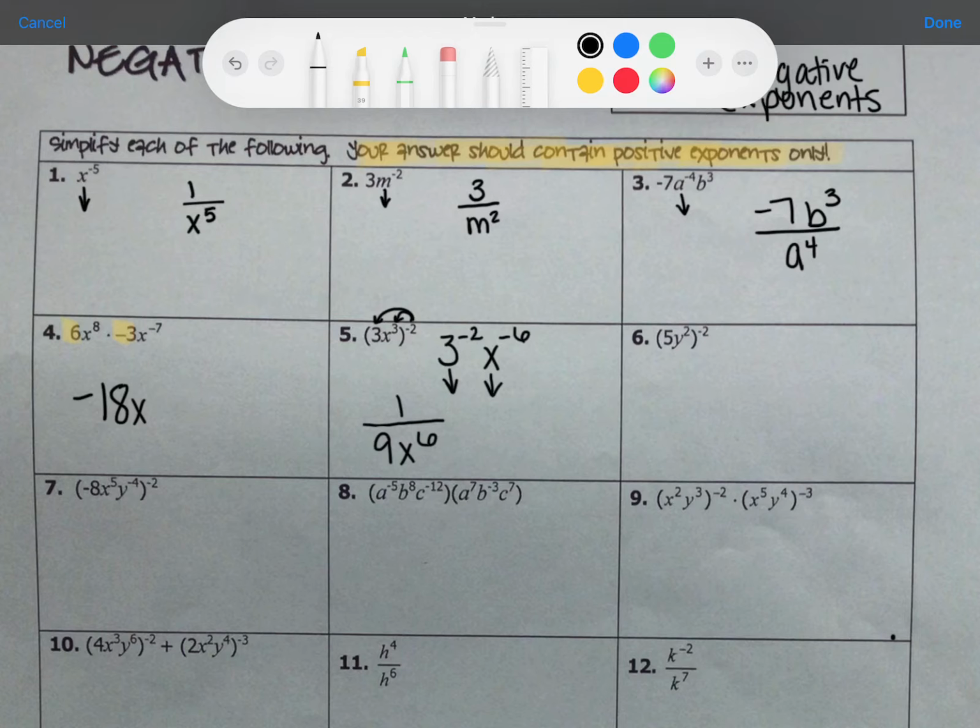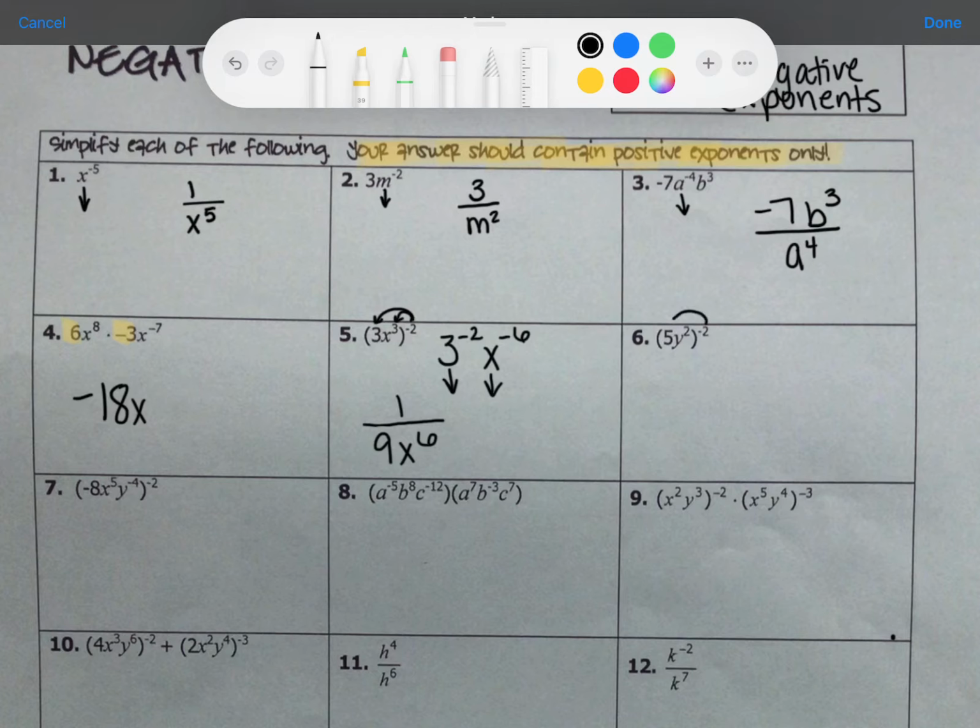Number 6, just like number 5. Try it. Give it a go. I'll wait for you. All right, so you should have done the same thing as we did on number 5.